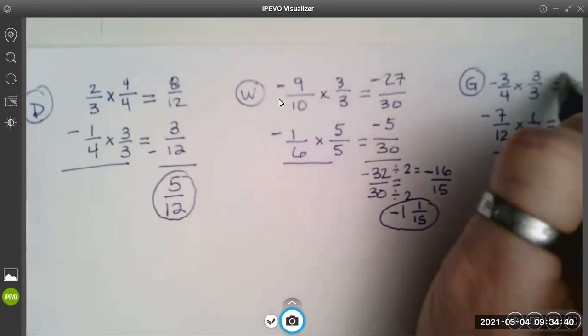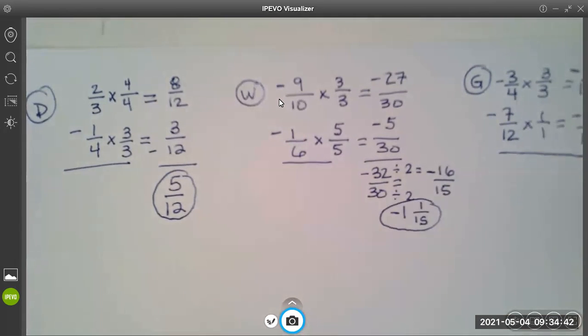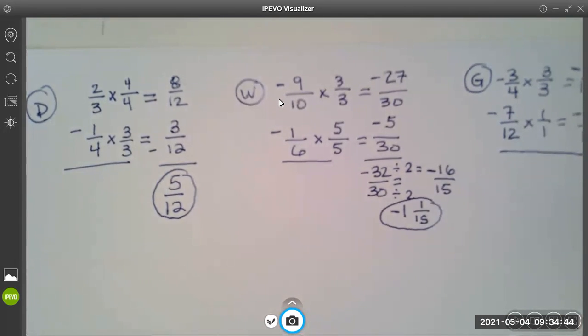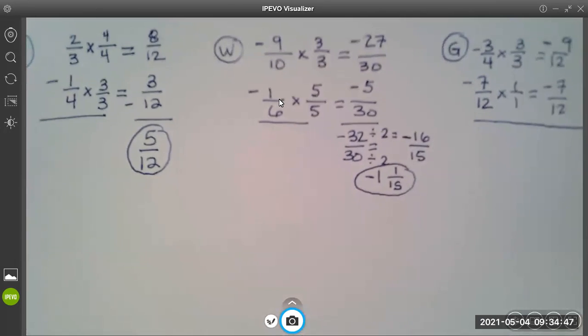Negative 9/12. Yep. Okay, so are these the same sign? Negative 9/12 and negative 7/12.